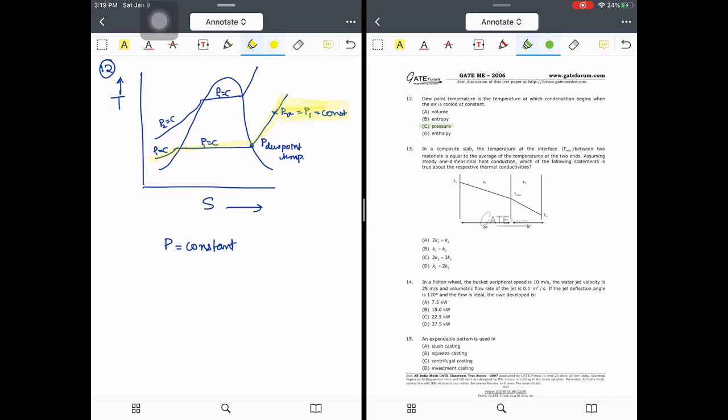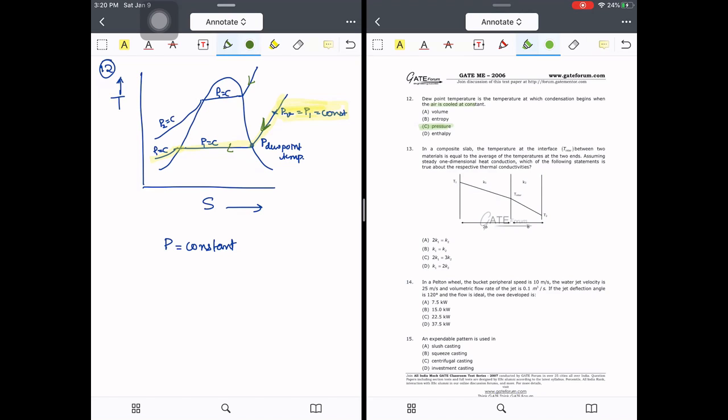The dew point comes into the picture when my vapor tries to convert into water droplets, generally at a saturation point. The thing that remains constant is the pressure only. So condensation begins when the air is cooled at a constant pressure.